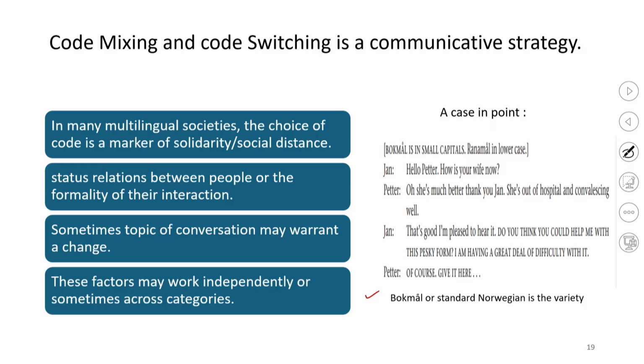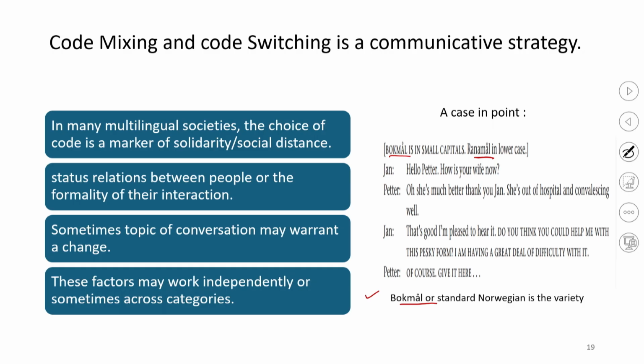So, sometimes the conversation may warrant a change simply because of the topic. Now, this is a case where she discusses a person who has gone to some office for tax related paperwork. The person who works there is actually a neighbor of his. So, this is from Norway. There are two varieties of the Norwegian language.